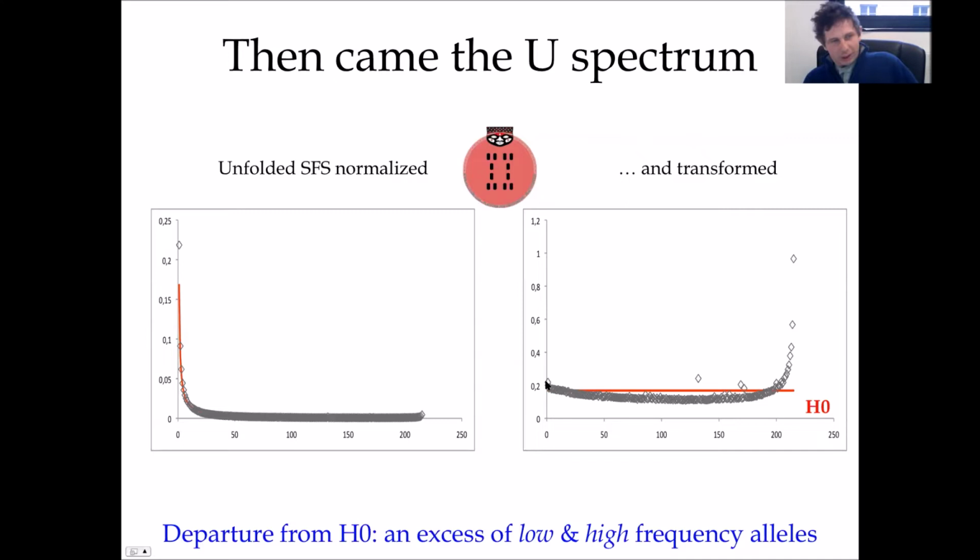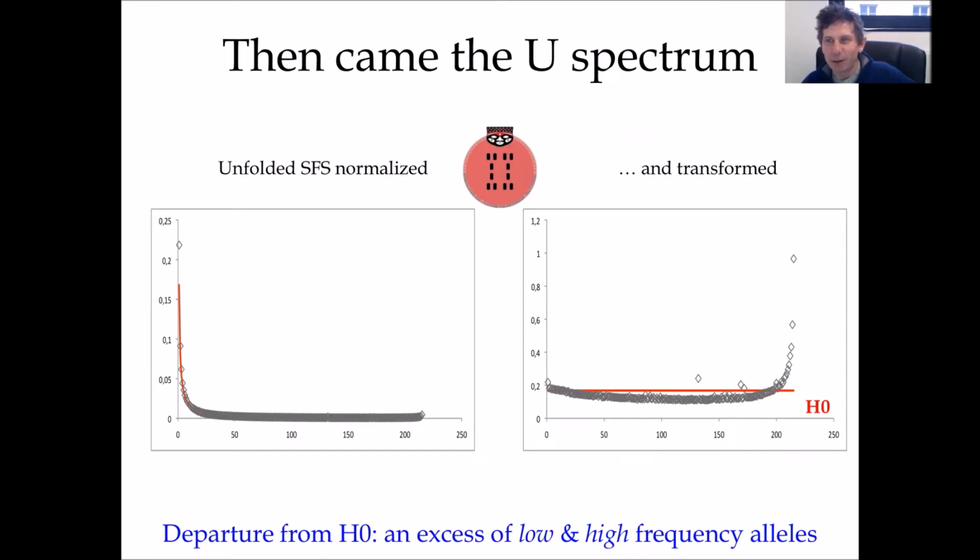But you can use the same trick. You divide the observed spectrum by what you expect under the standard neutral model. And now, with great surprise, you see that there is still a bit of excess of very rare frequency variants, but there is also a very strong excess of high frequency variants.